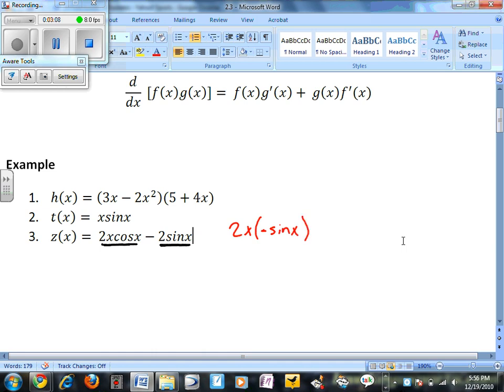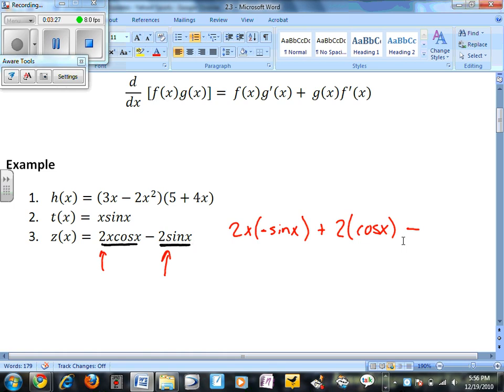And then I'm going to take the derivative of the first one, f of x, the derivative of 2x, which is 2, and leave the second one, cosine of x. And then I'll show you right here by doing the product rule why we didn't do the product rule in the previous chapter.